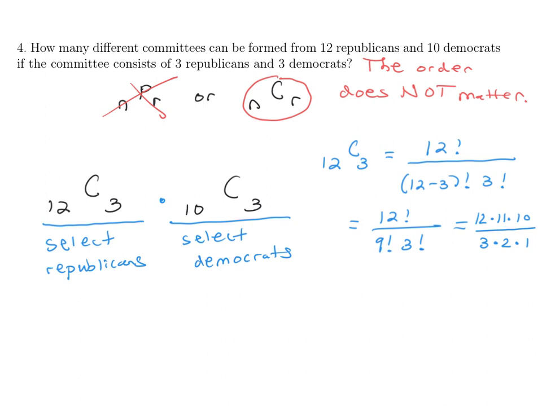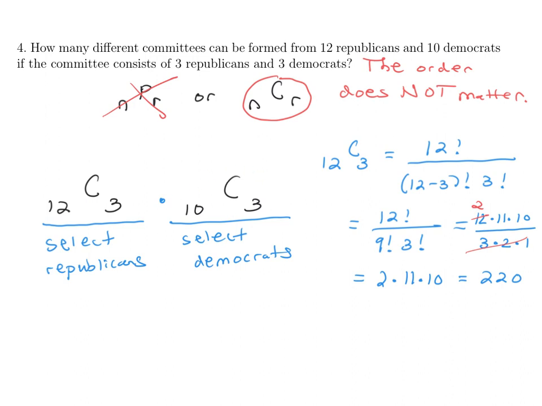Well, 6 goes into 12 twice, so this is 2 times 11 times 10. That's 22 times 10, that is 220. There are 220 ways that you can select 3 Republicans from 12. I'll do a similar computation for this, and then we'll put that number here as well.